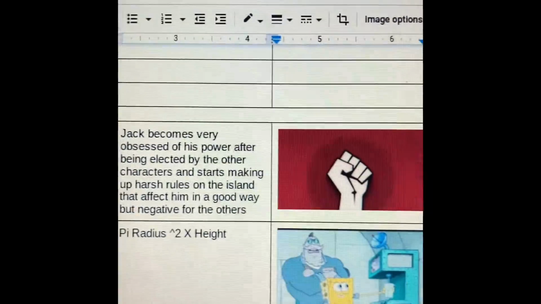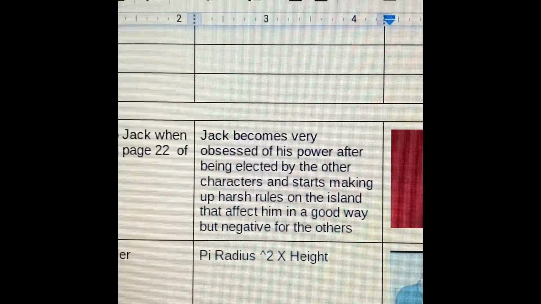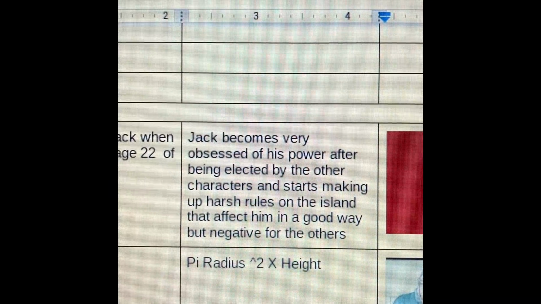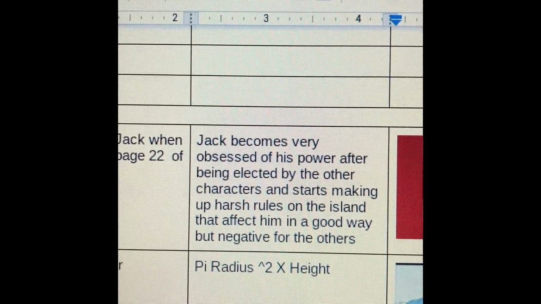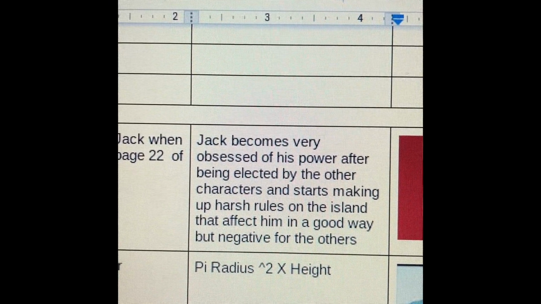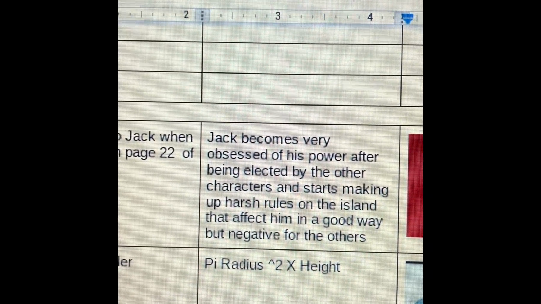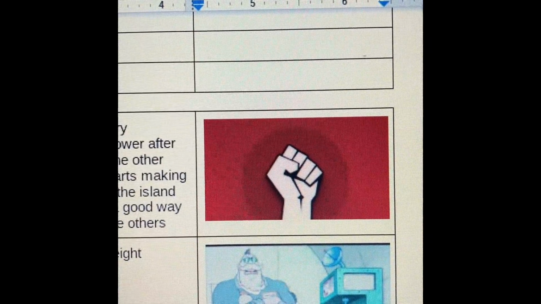And it relates to a dictatorship symbol, because in the book of Lord of the Flies, Jack starts to make up harsh rules that affect him in a good way, but is negative for others on the island, because they are shipwrecked on that island. So Jack is sort of like the leader, becoming a dictator, for example.